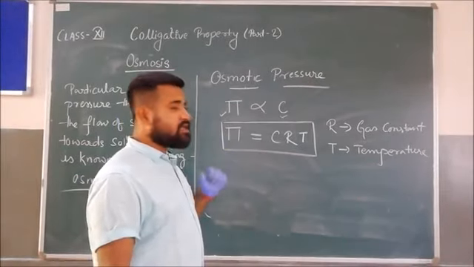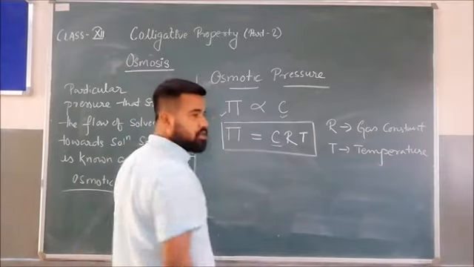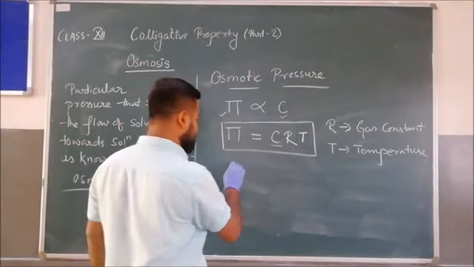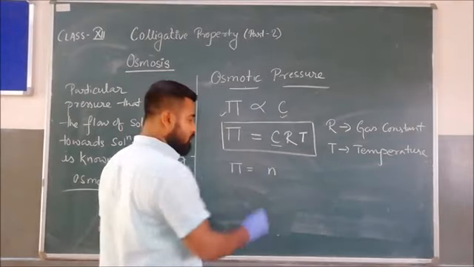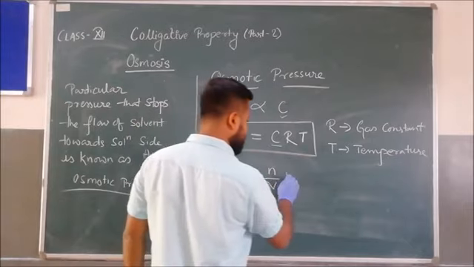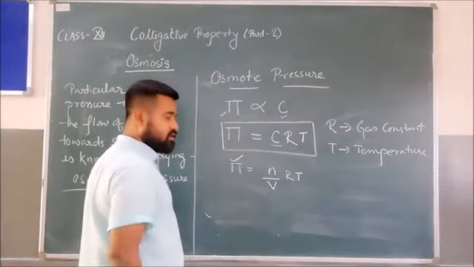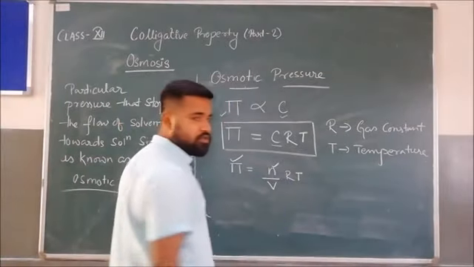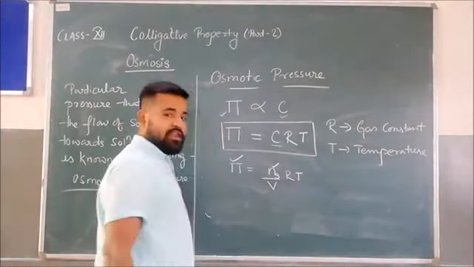First of all, we will discuss what C is here. C is the molar concentration of the solute, which can be written as the number of moles of solute per unit volume of the solution, into RT. So the osmotic pressure is directly proportional to the number of moles of solute, nB.